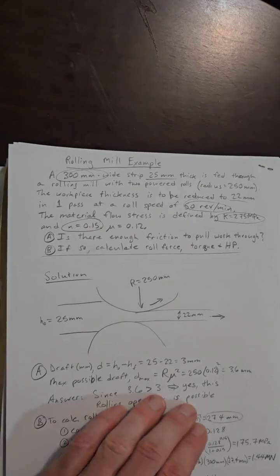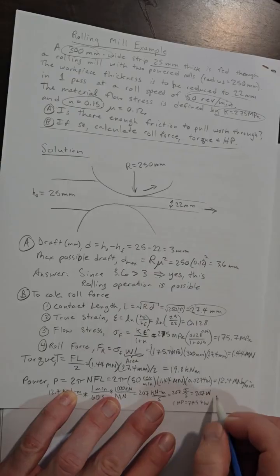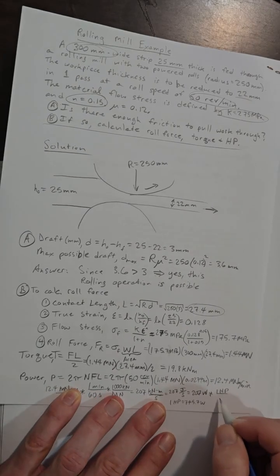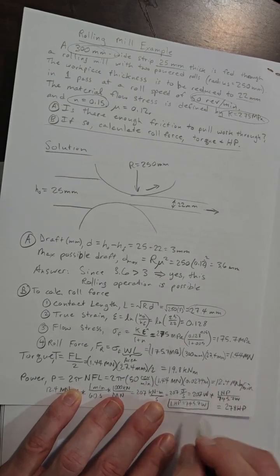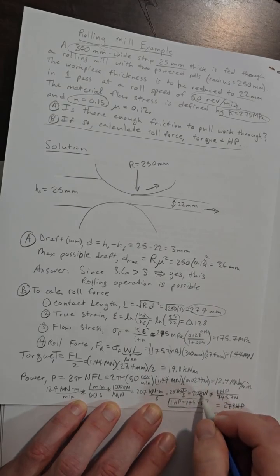And then 1 horsepower equals 745.7 watts. So we take that 207 watts times 1 horsepower over 745.7 watts, and we get 278 horsepower. This was supposed to be kilojoules per second and kilowatts.